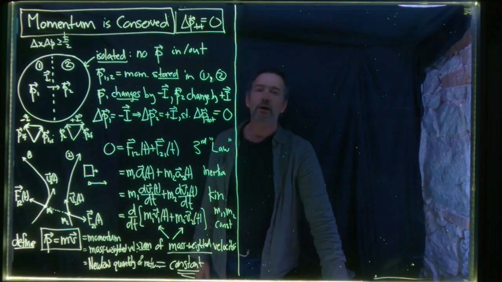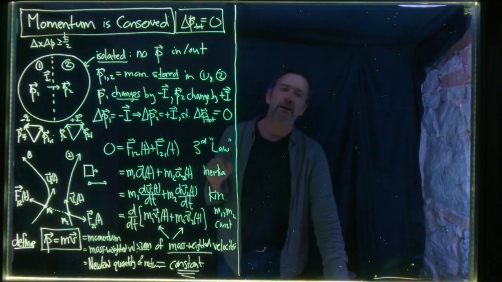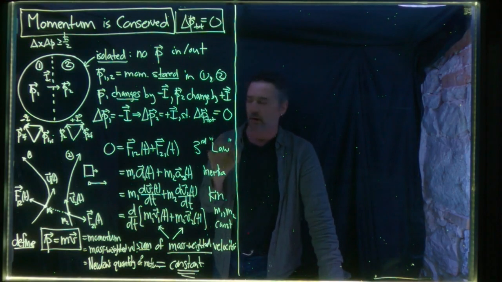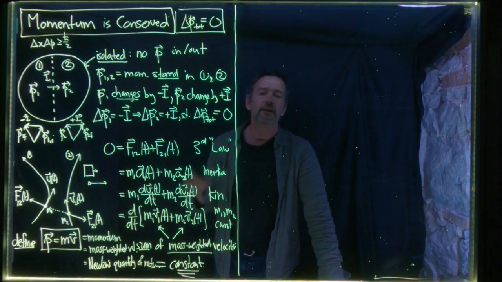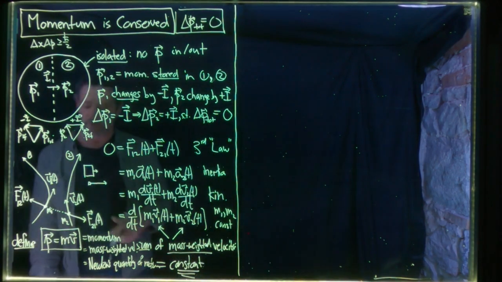One thing I want you to get used to immediately is we have kinetic energy defined as 1/2 mv squared. Well, if we use the idea that p is m times v, then kinetic energy can also be written as E equals p squared divided by 2m. That's an important thing to get into your head instantly.